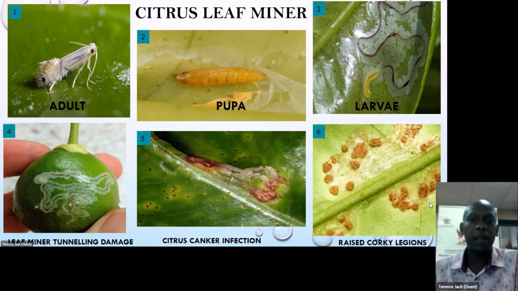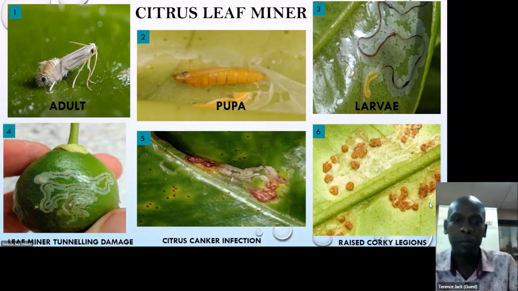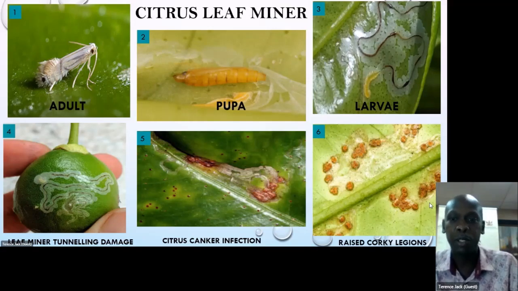As you can see clearly in the pictures labeled 3 and 4 in the illustrations on the slide, the leaf miner is able to burrow through the leaves and the fruit surfaces respectively. The leaf miner produces a series of tunneling damages on the leaf and on the fruit, and this is where it creates an entry pathway for the citrus canker bacteria.